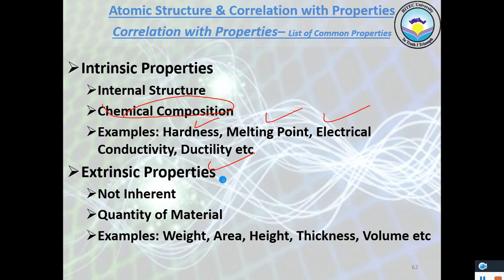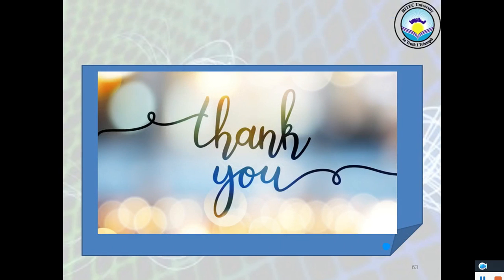What are extrinsic properties? They are because of the quantity of material. Examples are weight, area, height, thickness, volume. So extrinsic properties basically depend upon the volume, weight, area, etc.